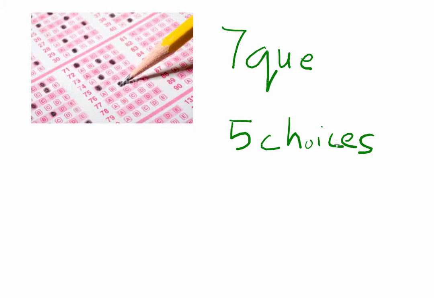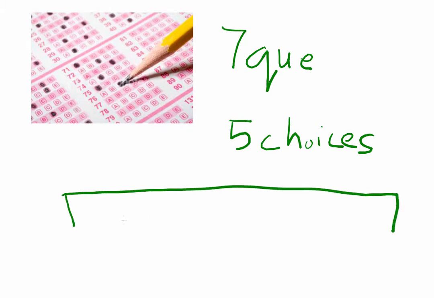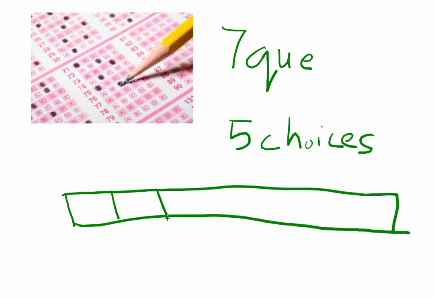Now, if you go back to the first problem that we tackled, which was the one on true or false, it's pretty similar. Again, I can just draw this box. I have 7 columns. Now each question, there are 5 ways.